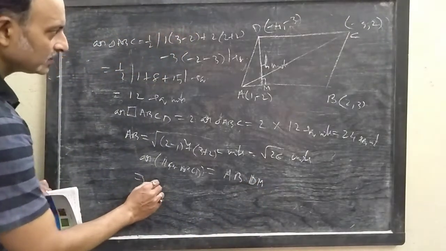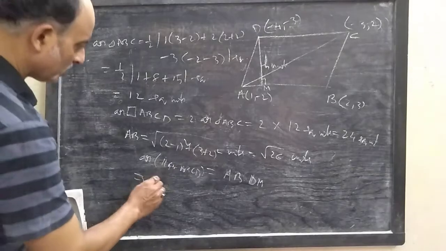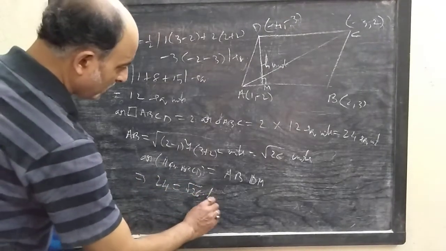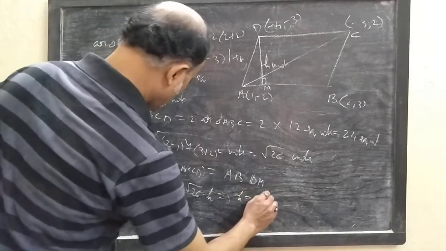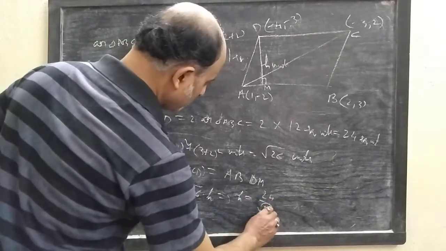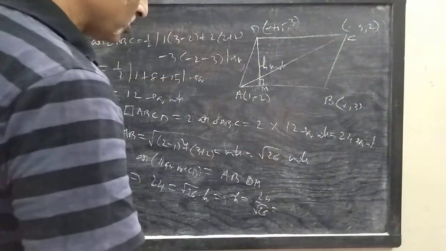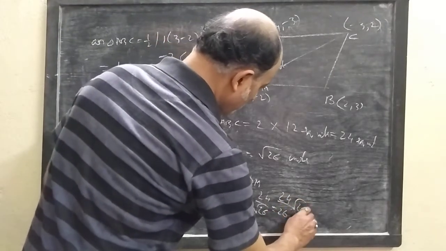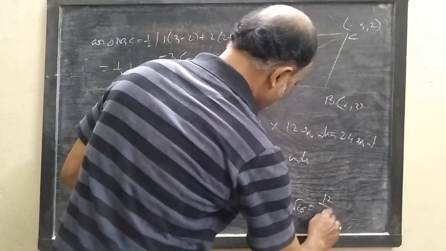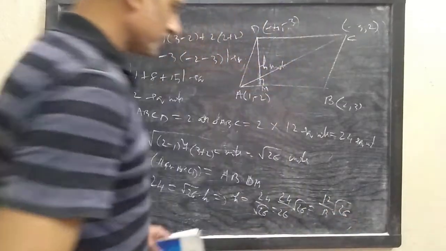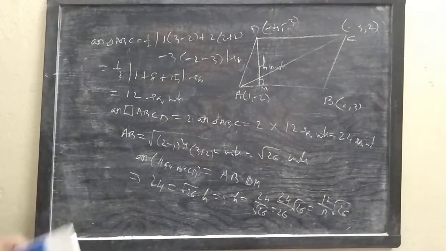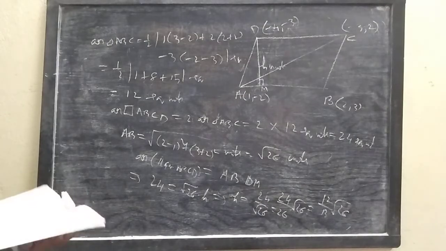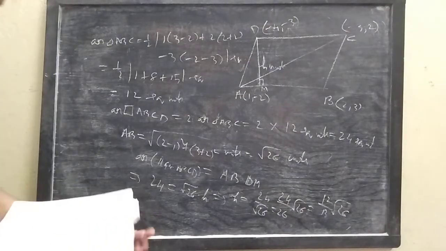That implies the area we have already found, 24, equals base root 26 into h. So h equals 24 by root 26. If you multiply both numerator and denominator by root 26, you get 24 root 26 by 26, which ultimately gives 12 by 13 root 26. So your altitude will be 12 by 13 root 26 units. Okay. Now take a similar problem as homework.